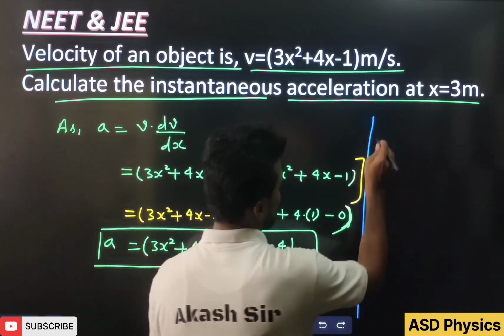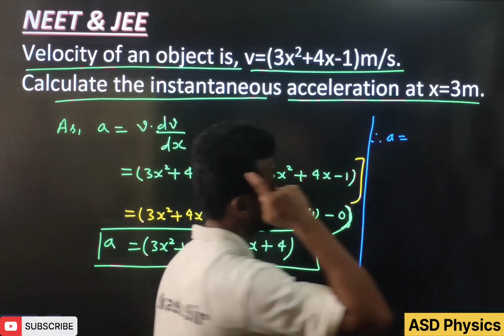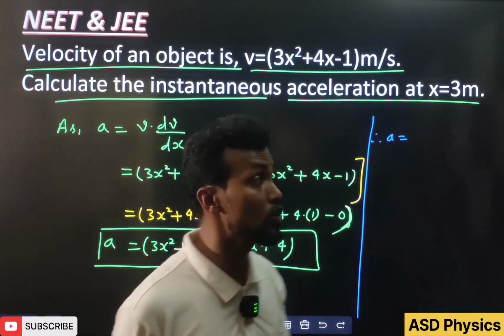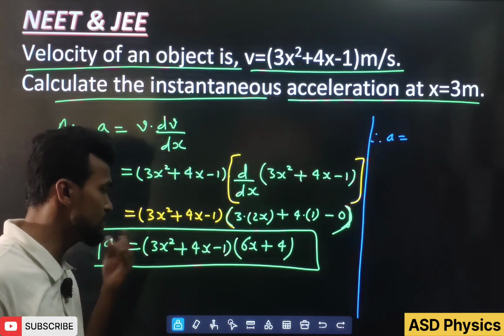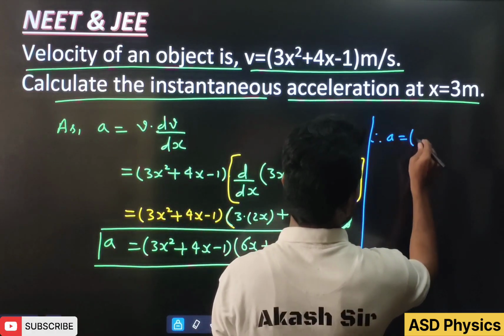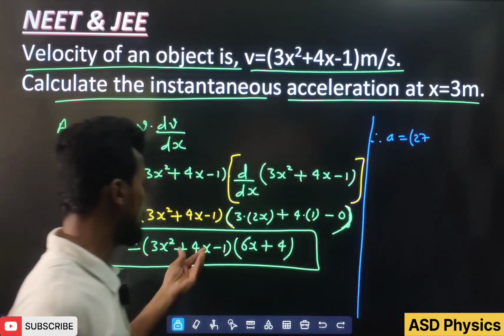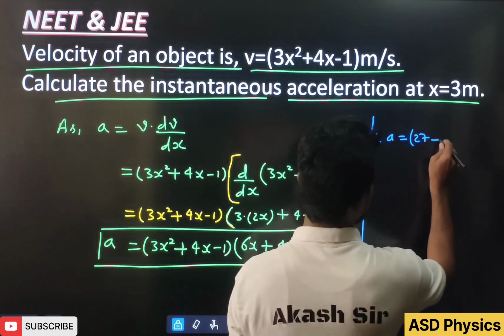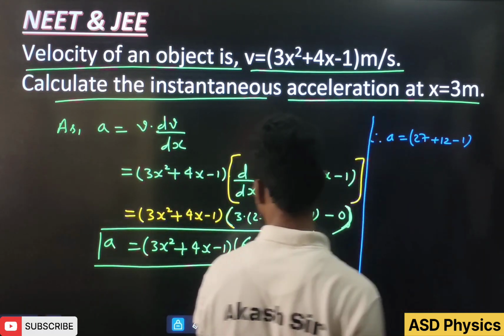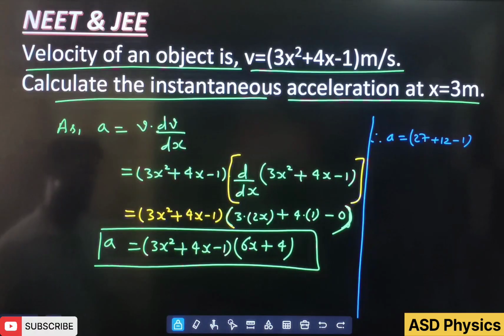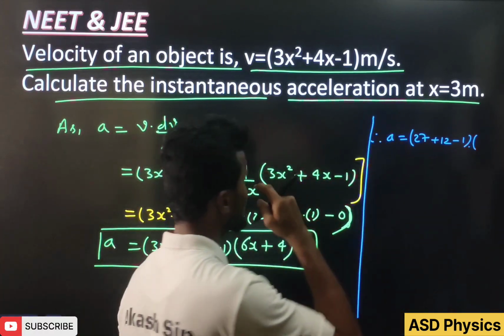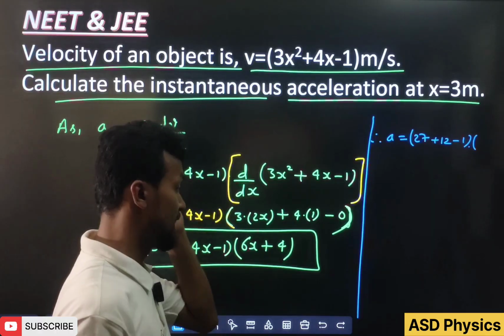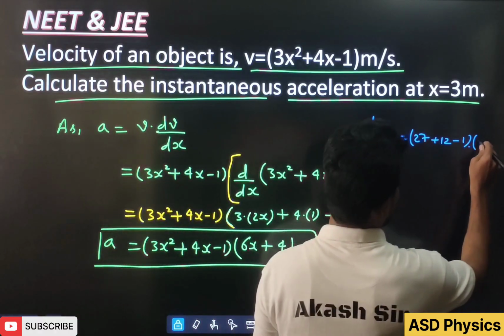Now if I put the value, hence a equal to, at x equal to 3: 3 into 3², so 3 into 9 means 27, plus 4 into 3 means 12, minus 1. And 6x plus 4: 6 into 3 means 18 plus 4, 22.